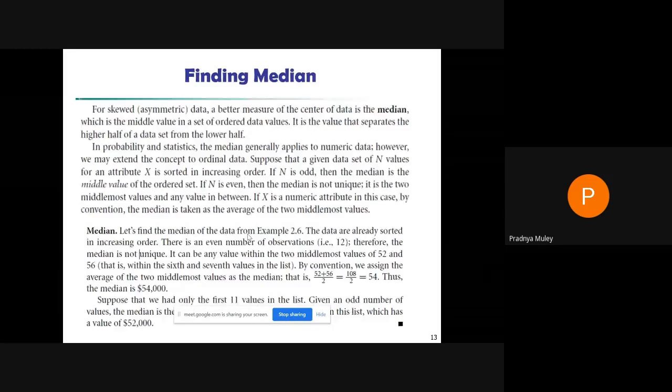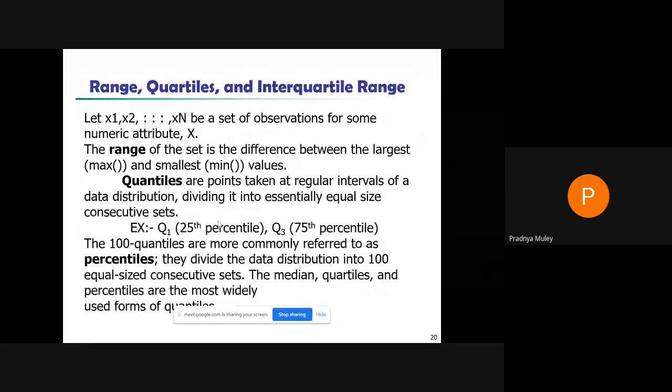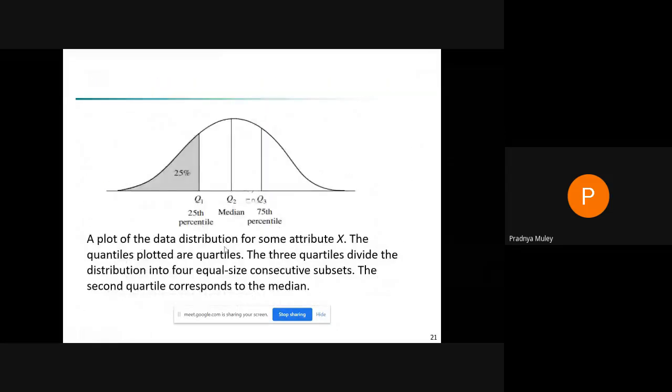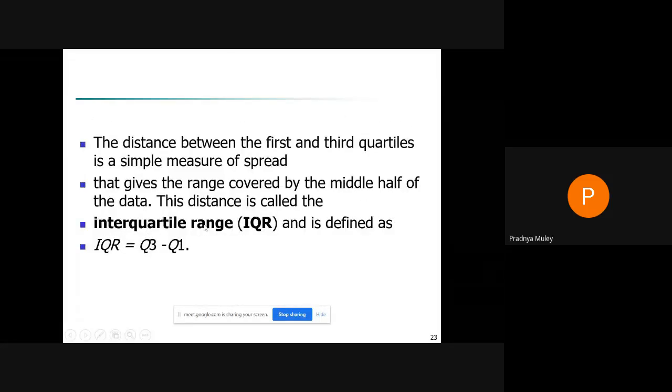What is next is the interquartile range. Let's see the interquartile range. The distance between the first and third quartiles is a simple measure of spread. It gives the range covered by the middle half of the data. This distance is called the interquartile range, and it is defined as IQR equals Q3 minus Q1.